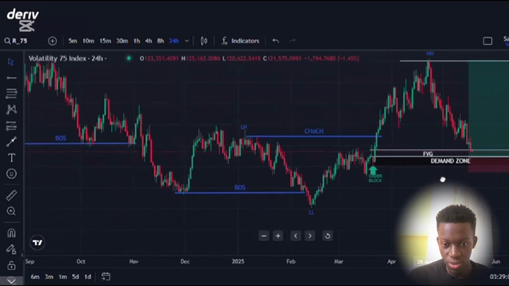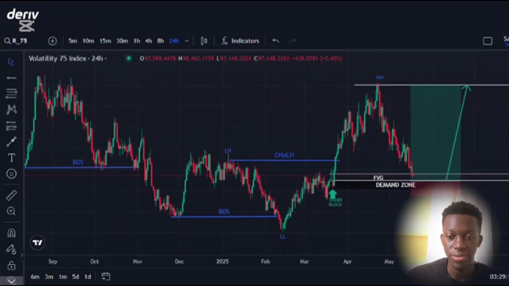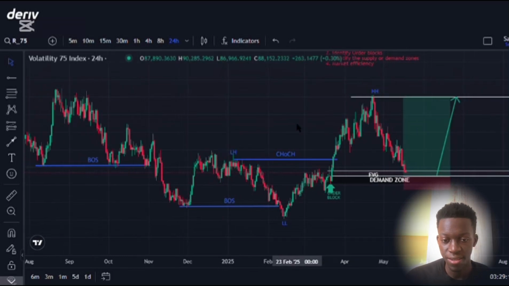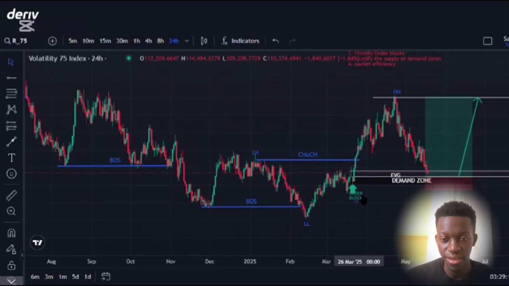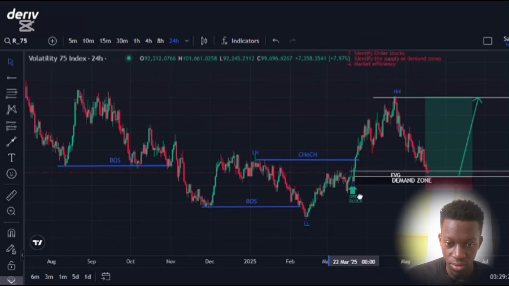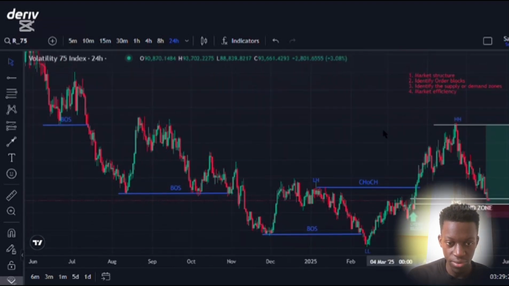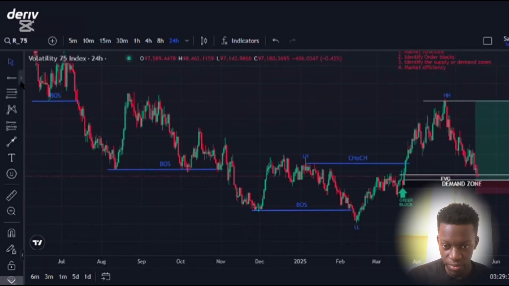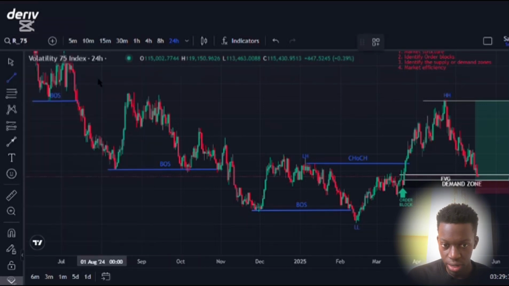And so if you are someone who uses trend lines, there are some people who use them, and I may have verified with trend lines as well that this was going to work. So as you can see, let me just show it with a trend line here.